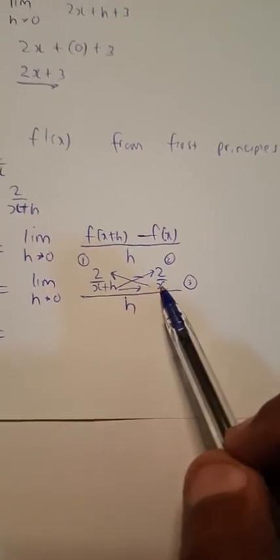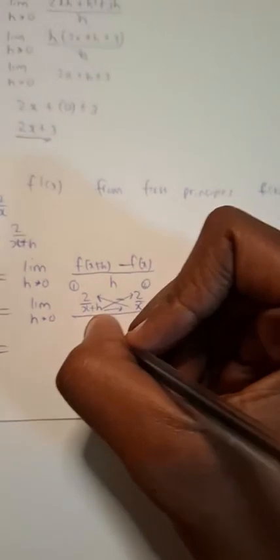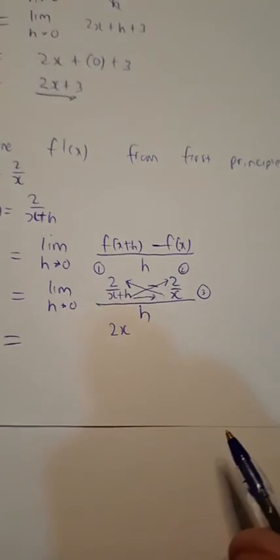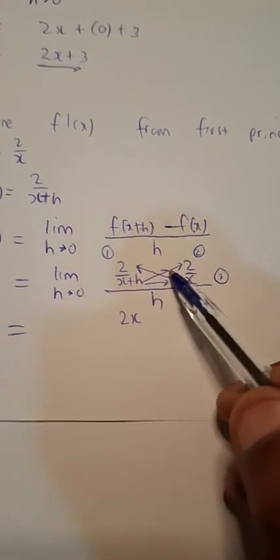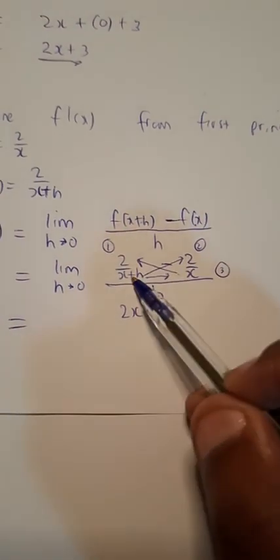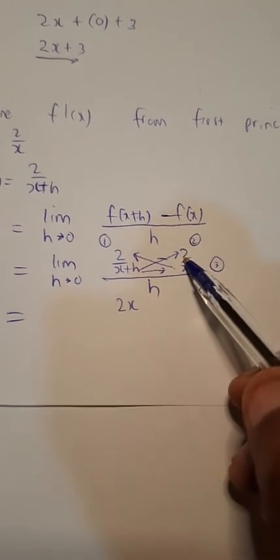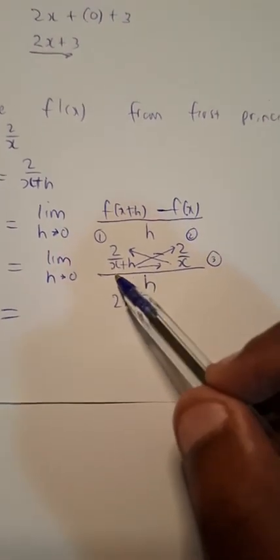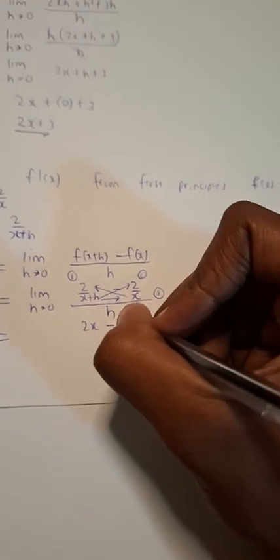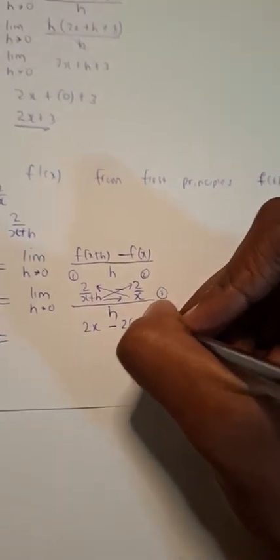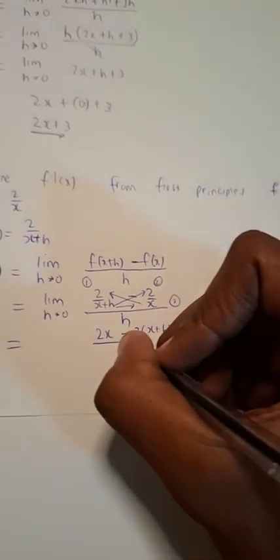So let's multiply. x times 2 gives us 2x. Then x plus h times negative 2. Very important, because x plus h here is a positive value, whereas this 2 is a negative 2. So that means negative 2 into x plus h.